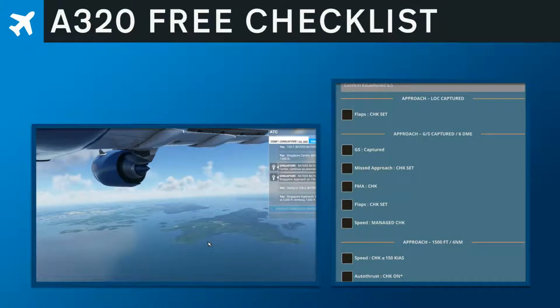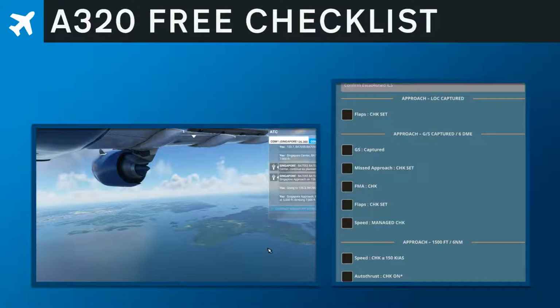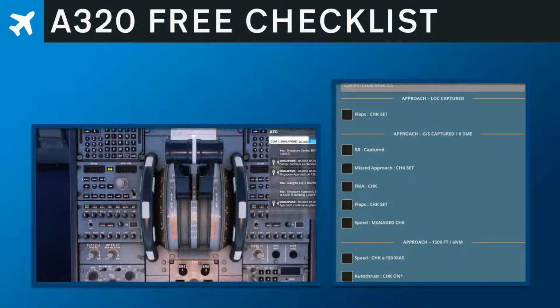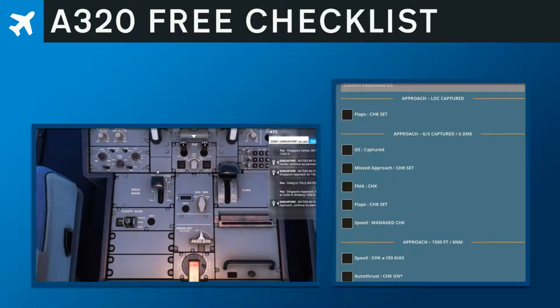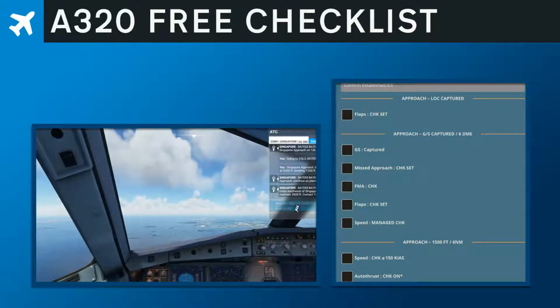Singapore approach BA 7055 Bravo Alpha 7055 is at 5,000 feet, climbing 7,000 feet. BA 7055 Bravo Alpha 7055 Singapore approach, continue as planned. QNH 29.902. BA 7055 Bravo Alpha 7055, you are 22 miles southwest of Singapore.